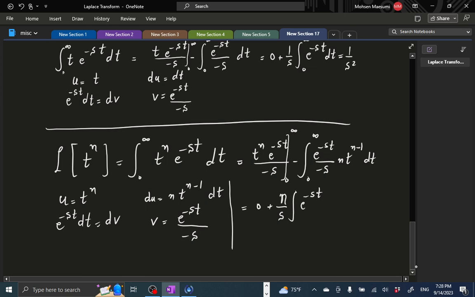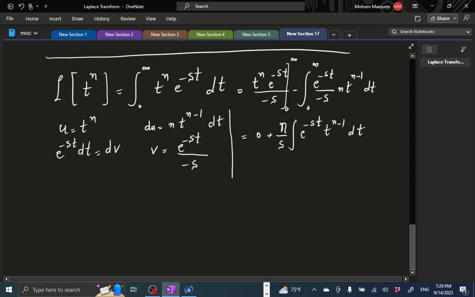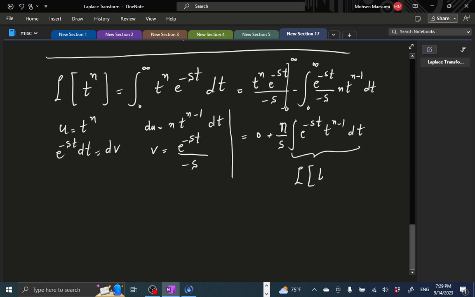Let me pull out that one as well, t to the power of n minus 1 dt. Well, what is this? That is what we would have faced if we wanted to calculate the Laplace transform of t to the power of n minus 1. So what we found here is a reduction formula: if you want to figure out the Laplace transform of t to the power n, it is n over s times the Laplace transform of t to the power of n minus 1.